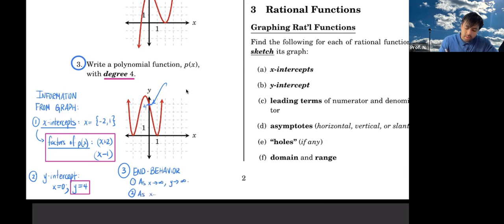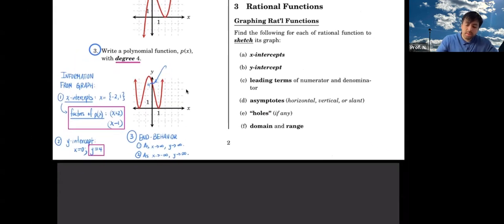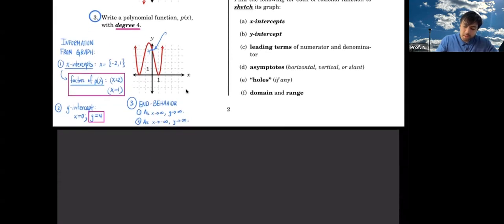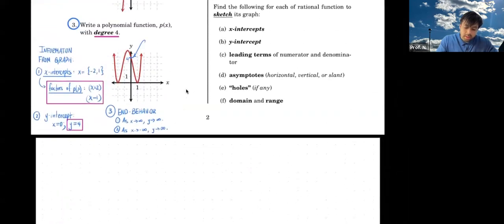As x goes to negative infinity, y goes to positive infinity. Okay, so I'm going to continue down here. You know what? Let me change this to a white color. Try that. Okay.